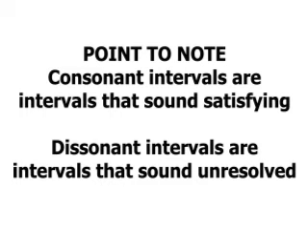We also have another concept we call consonant and dissonant interval. Consonant simply means an interval that sounds satisfying to the ear, while dissonant interval is an interval that doesn't sound satisfying to the ear. If I have something like this, this is a consonant interval because it is satisfying to the ear. It's not disturbing to the ear.